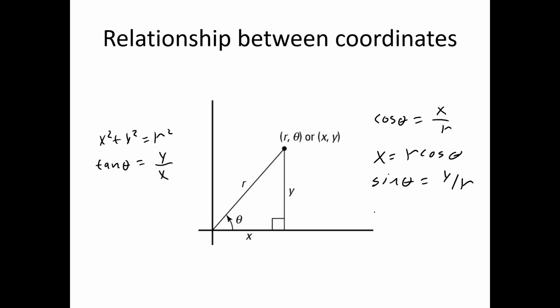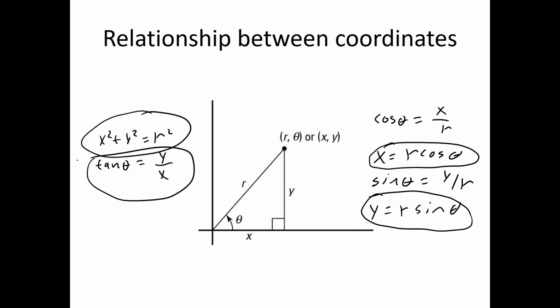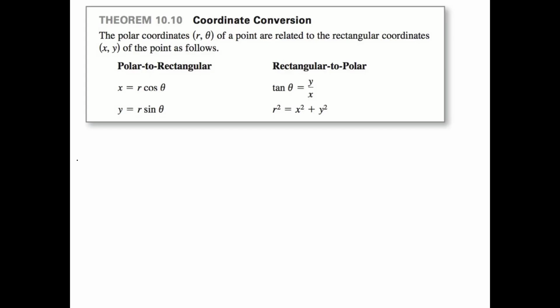And so we get that y is equal to r sine theta. So if I know r and theta, I can figure out my x coordinate and my y coordinate using these formulas. And if I know x and y, I can figure out r and theta using these two formulas. And so that's this theorem here.